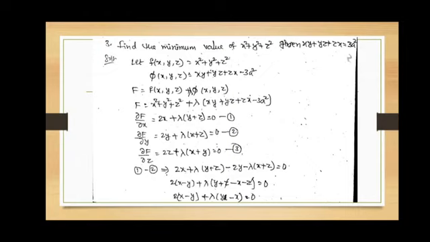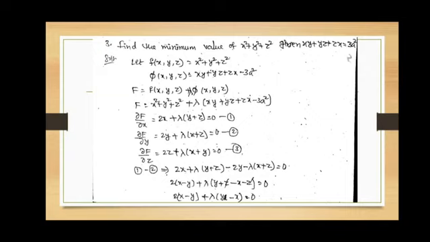Here, of the four terms, 2 terms have lambda, so we take lambda as common. Which are not having lambda, we put on one side. That will be 2x minus 2y plus lambda into y plus z minus lambda into x plus z.